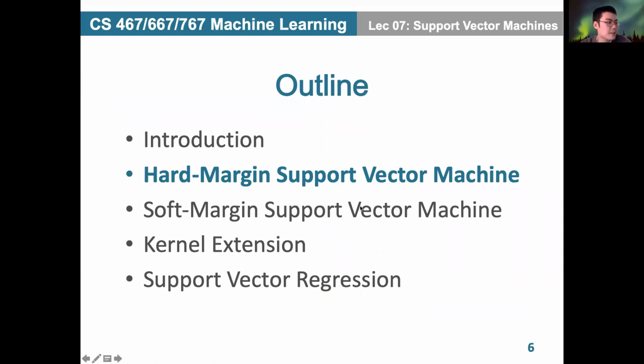So in the ideal case, let's say we have two sets of points and they have some distance in between, right? This we call the hard margin. Okay, this is a hard margin support function. And as we will see later, some of the data points cannot be linearly separable. In that case, we have the soft margin, right?